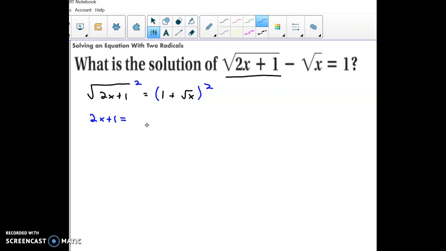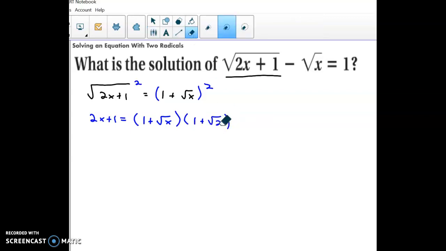All right, and then one of the hard things here is now I have a binomial. And we talked about this in the previous lesson, we're going to have to make two of these and FOIL. And I messed that up. That should be an x there, not a 2. Okay, so this will just be 2x plus 1 on this side.